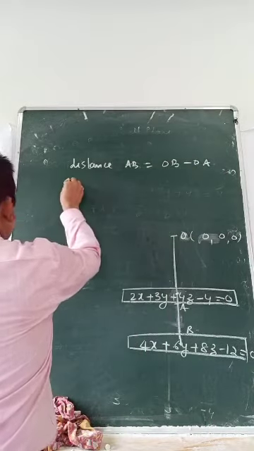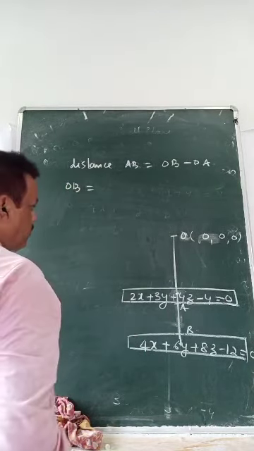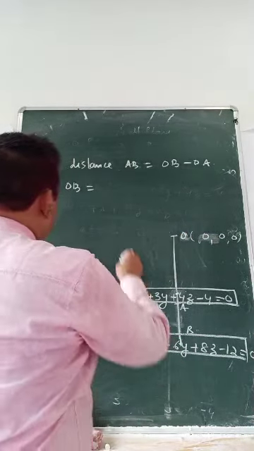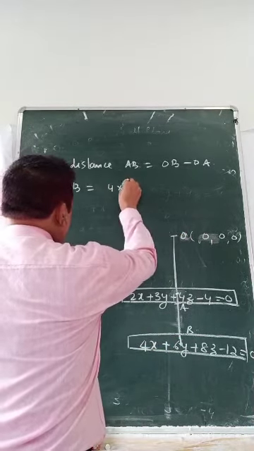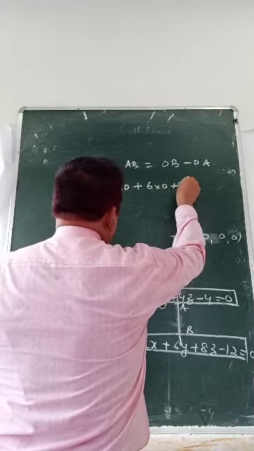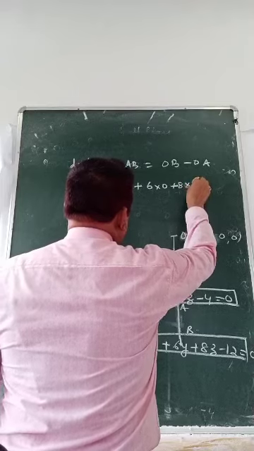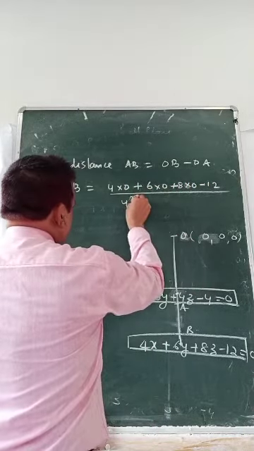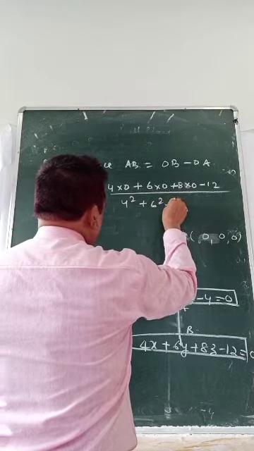What is OB? Put the point (0, 0, 0) here: 4 into 0, 6 into 0, 8 into 0 minus 12, divided by root of 4 square plus 6 square plus 8 square.